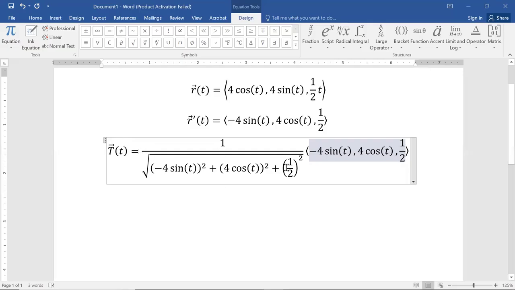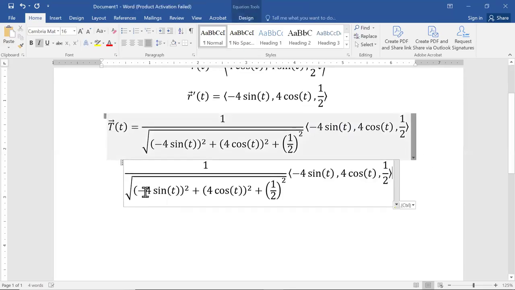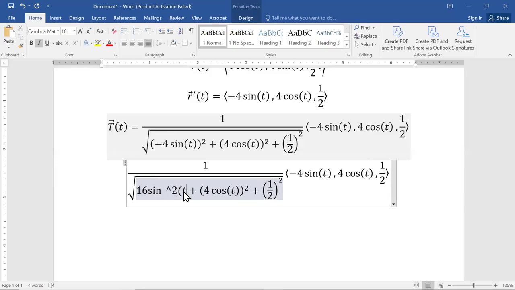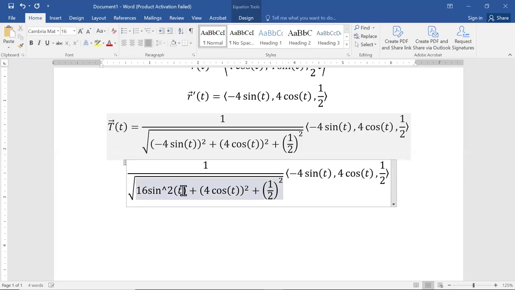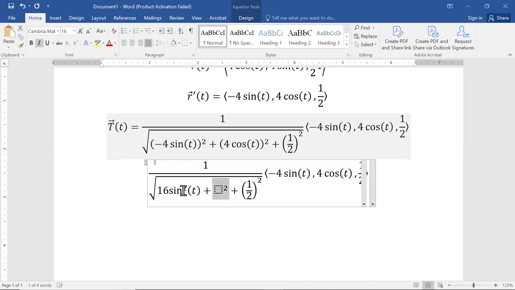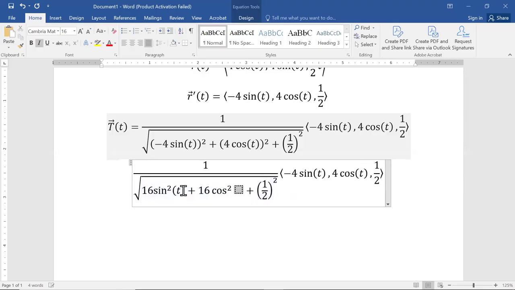Now this looks messy right now, but in this case, it actually cleans up pretty well because that magnitude can be simplified. -4 sine of t quantity squared becomes 16 sine squared of t. 4 cosine of t squared becomes 16 cosine squared of t.